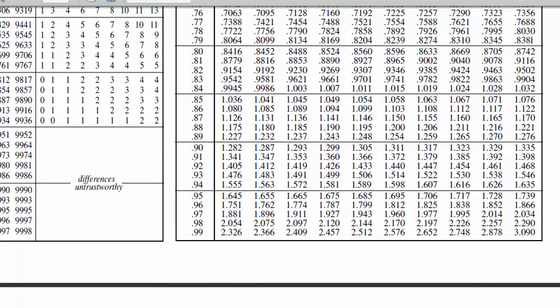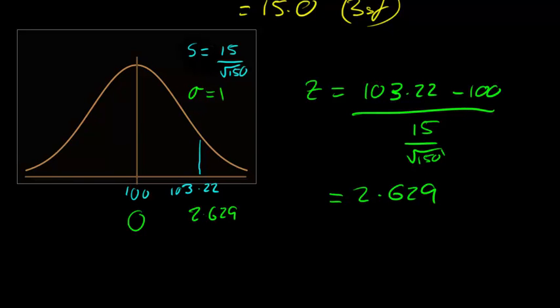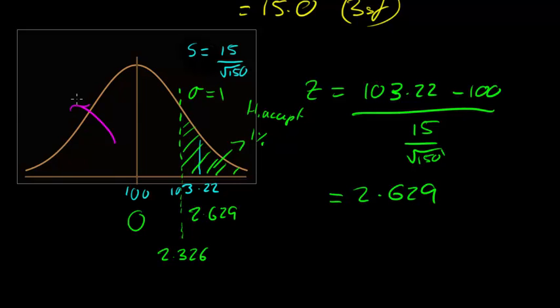So I know that my critical value is going to be somewhere along here. So that's 2.326, and this area here is my 1%, and this is H1 accept. This area here on the other side, which I'll do in pink, is H0 accept.